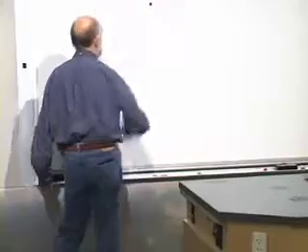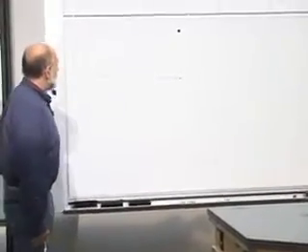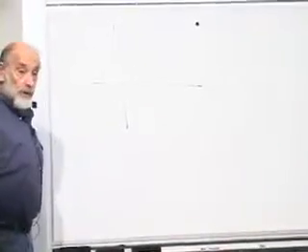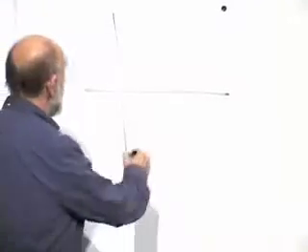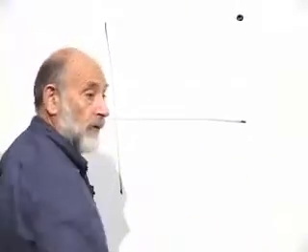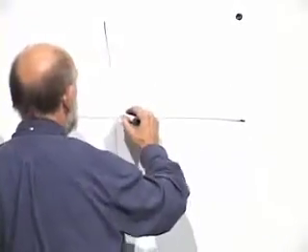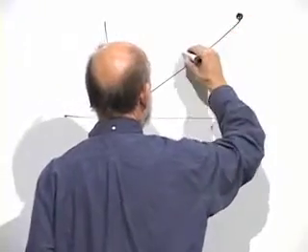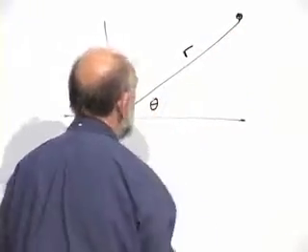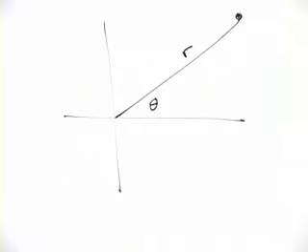So, for example, for the particle in 2 dimensions moving around on a plane, we can describe its location by 2 coordinates. We could use x and y, of course, or we can use r and theta, distance from the origin and angle from the horizontal, for example.